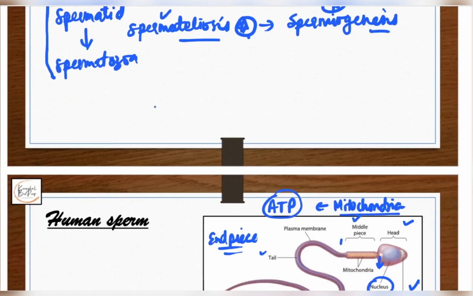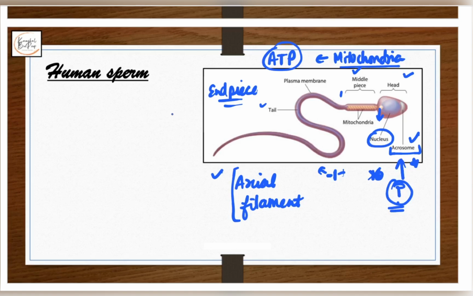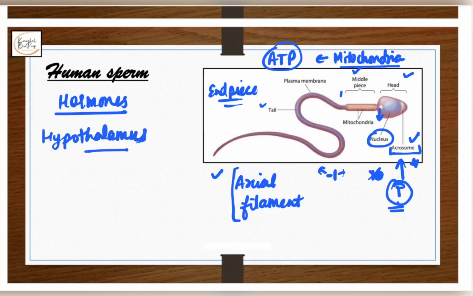Okay, and lastly, if you see human sperm formation, we have done the whole process, but this whole process is under the control of the hormones, right? So there are different hormones which control the overall production of the sperm in the seminiferous tubule. Now if you see in the human body, the hypothalamus is the main regulator, you can say, the chief of the endocrine glands, right?